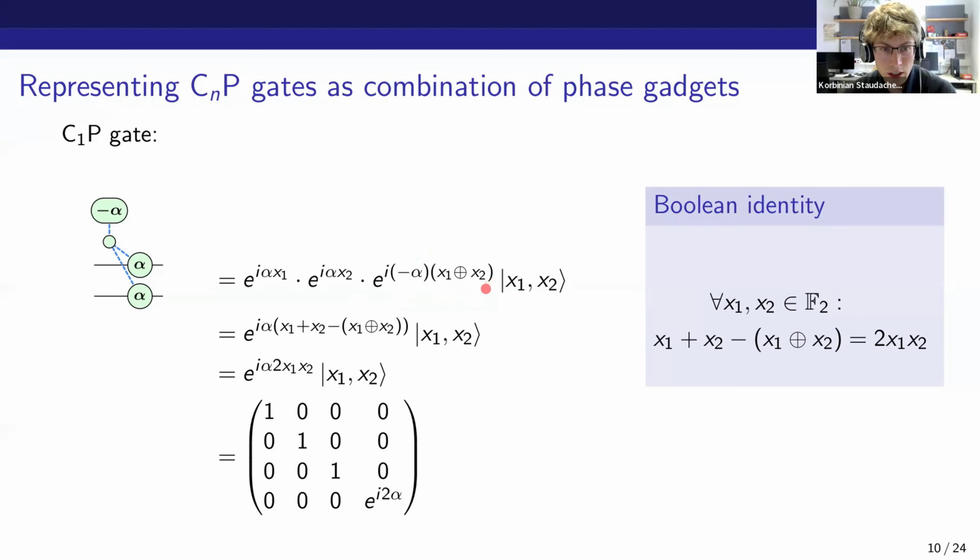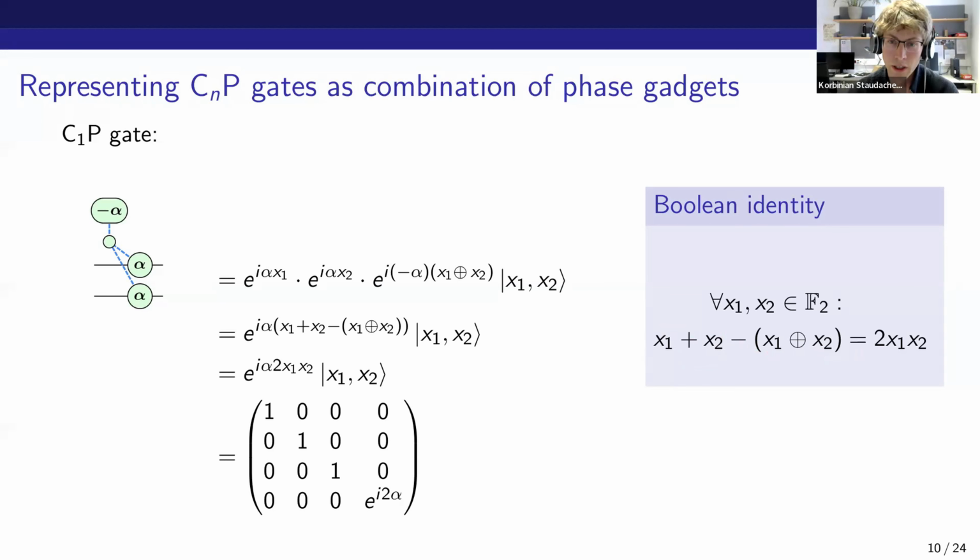And we can then just sum it all together, and we get this term, e to the power of i alpha times (x1 plus x2 minus the XOR of both). And if we take those to be Boolean variables, which they are, because we are talking about basis states here, we can use this identity that x1 plus x2 minus x1 XOR x2 is always equal to 2 times x1 x2.